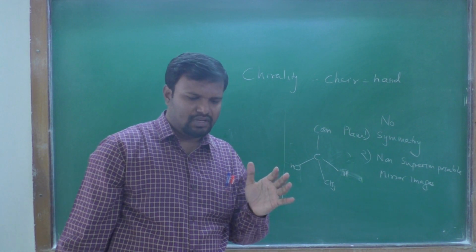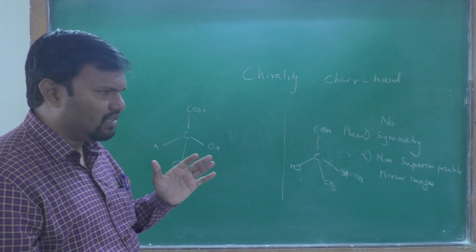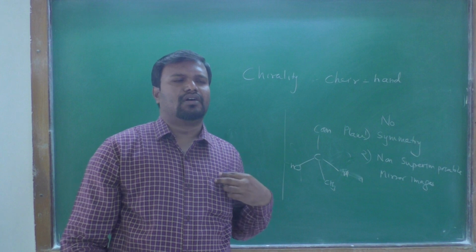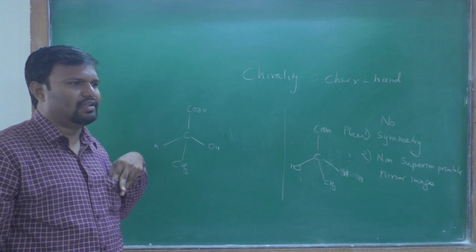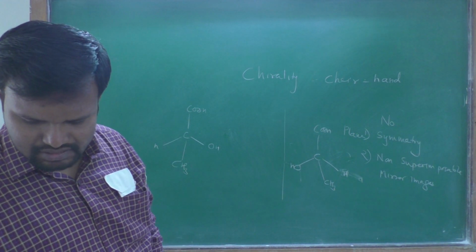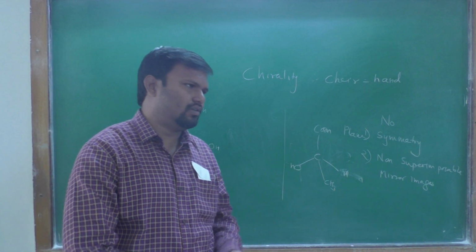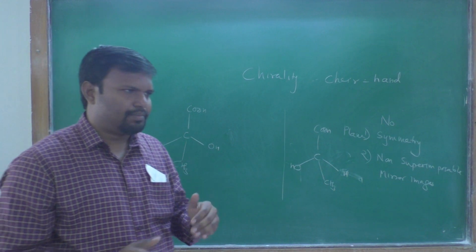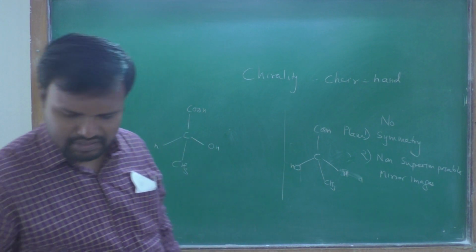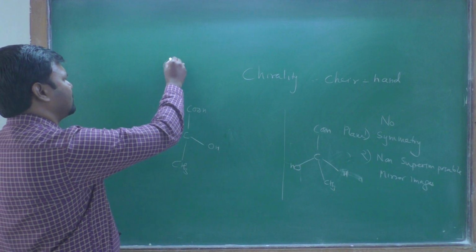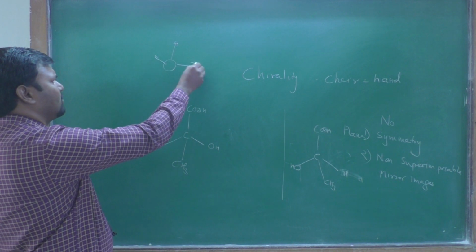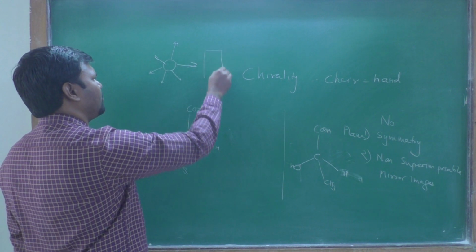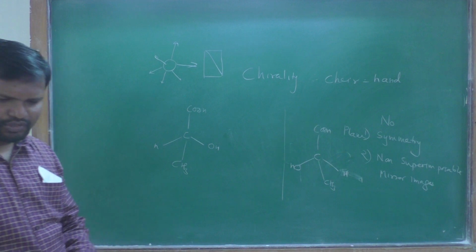If a molecule is chiral, then it rotates plane polarized light. Suppose ordinary light passes in all directions, and when it passes through a nicol prism, it vibrates in only one direction.